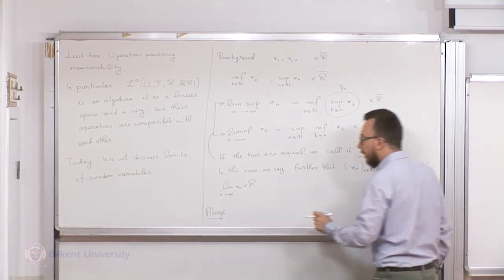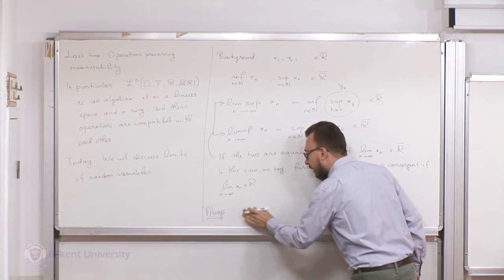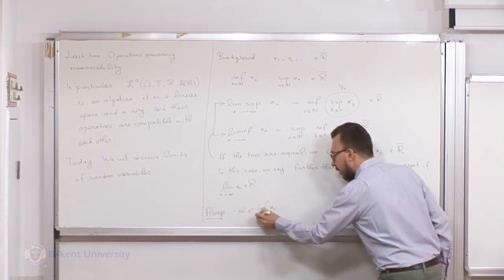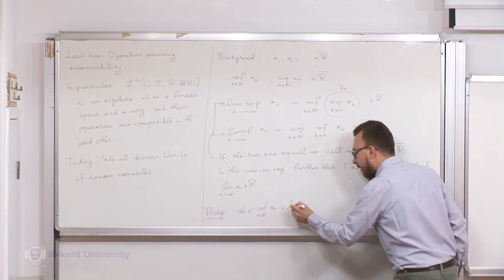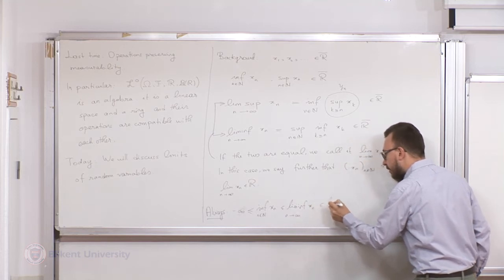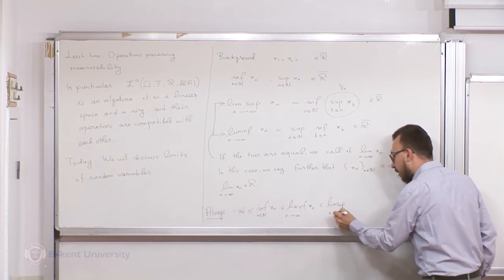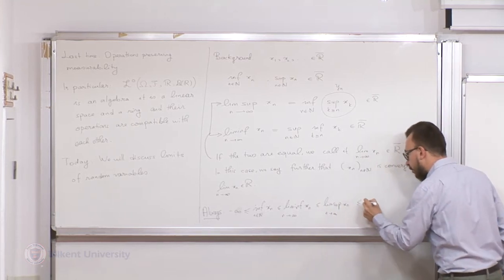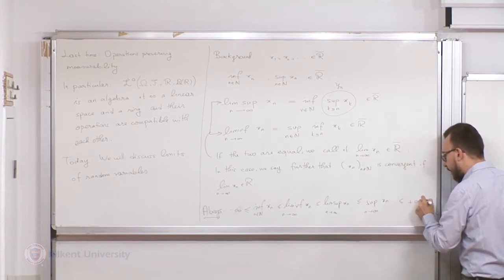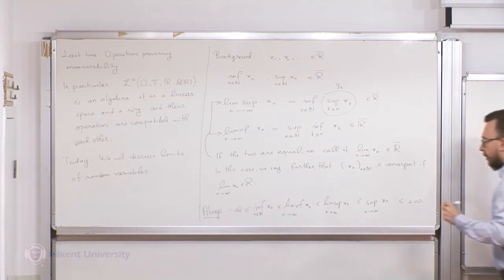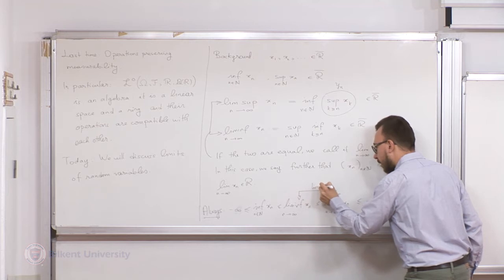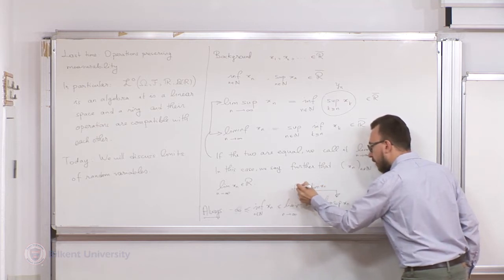So we have minus infinity less than or equal to the inf, which is the smallest, then lim inf, then lim sup, then sup, and then plus infinity. And if the two, lim inf and lim sup, are equal, we call it just the limit.